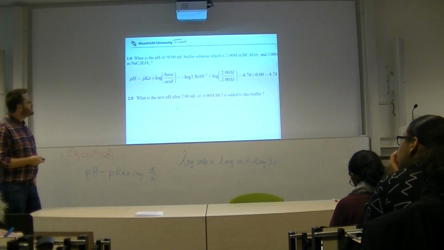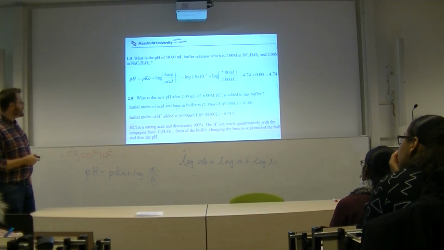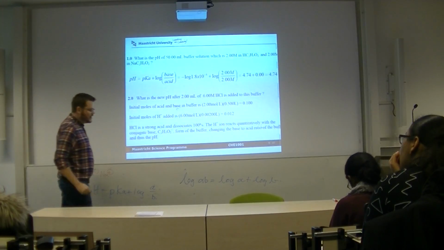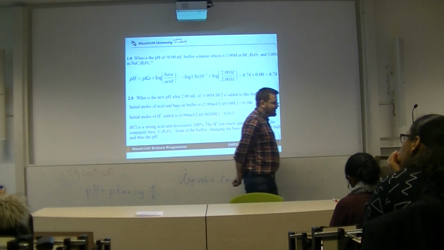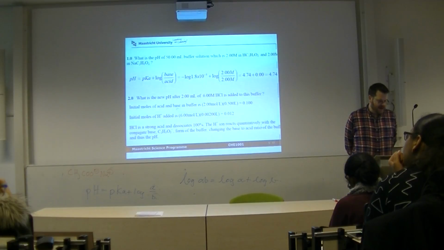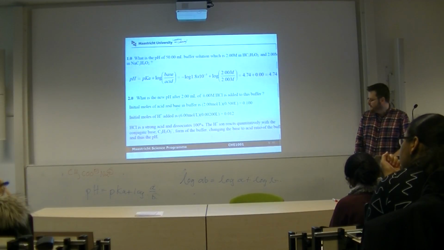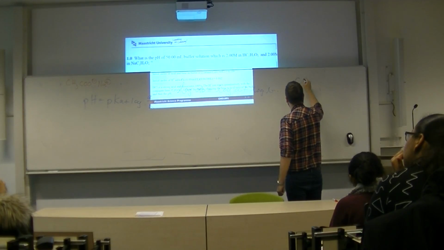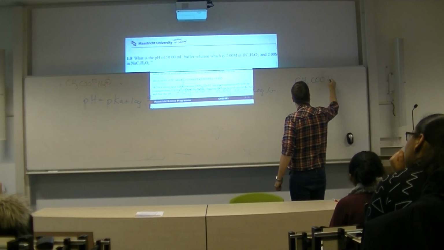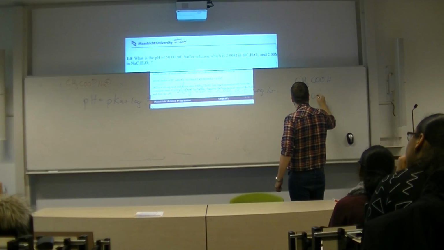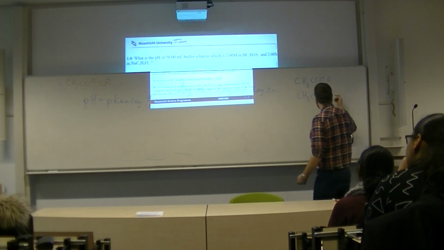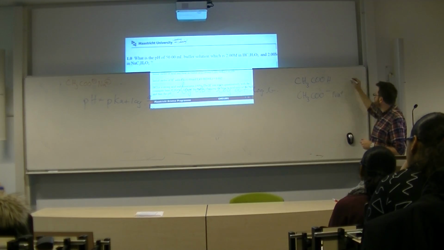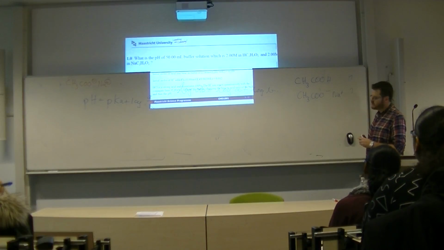Well, first of all, we have to realize that we're going to have some sort of an acid-base reaction going on here, right? We have a buffer system that contains what? CH3COOH and CH3COO minus. This would be maybe some sort of a salt in exactly a 1-to-1 ratio, same concentrations.